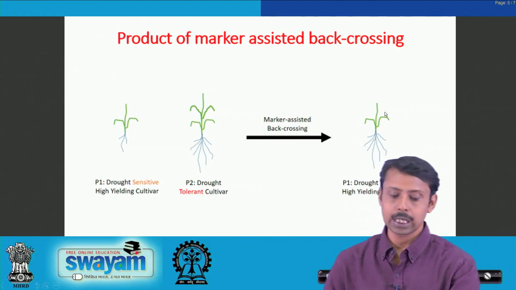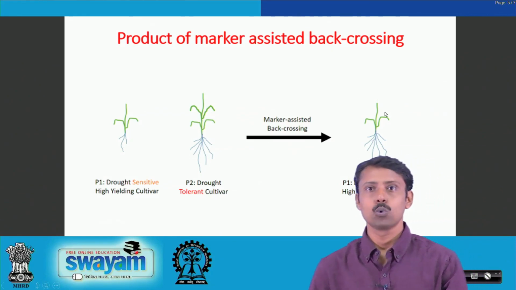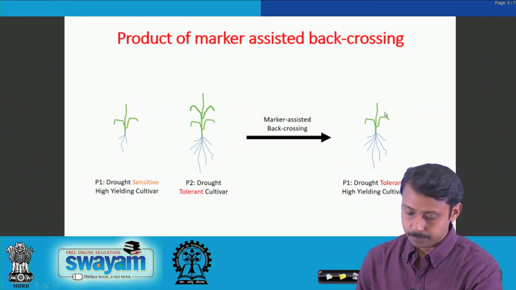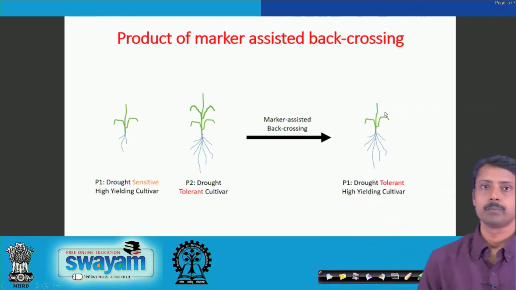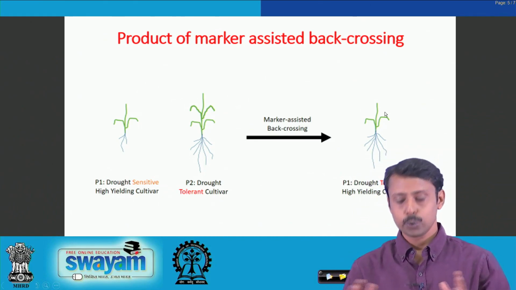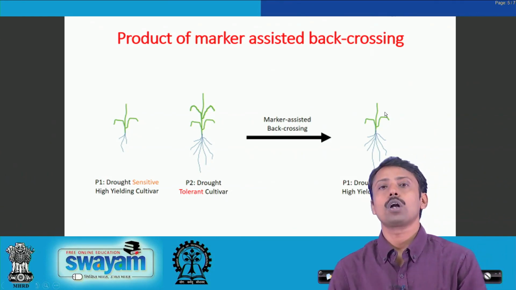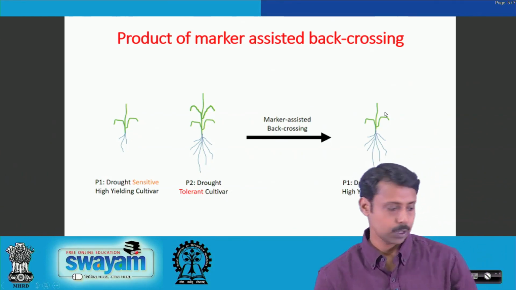So, after marker assisted backcrossing, we can develop a plant where the root part has come from the drought tolerant cultivar, and it is semi dwarf in nature also. In this way we can generate a drought tolerant cultivar through marker assisted backcrossing.